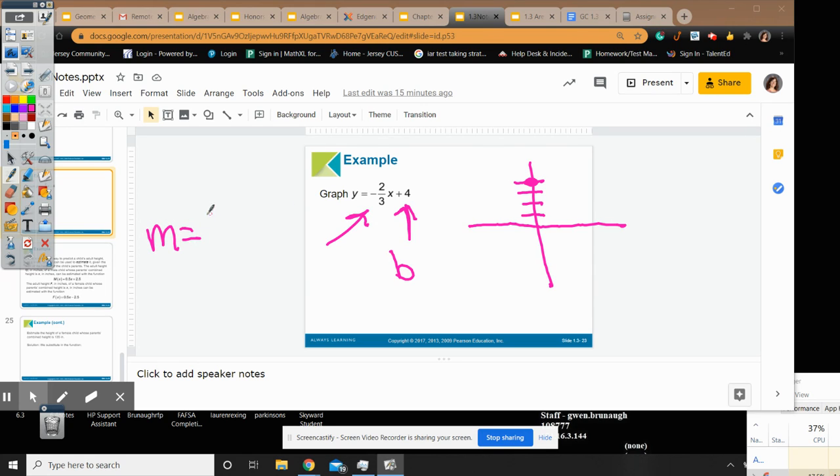The slope is negative 2/3, which means we're going to rise negative 2, and we're going to run 3. So from our point, we'll rise negative 2, which we talked about means go down 2, to the right 3. You can do it one more time to get an extra point. One would be enough, but sometimes it's nice to have two to make your graph look nice. And you have a beautiful line.